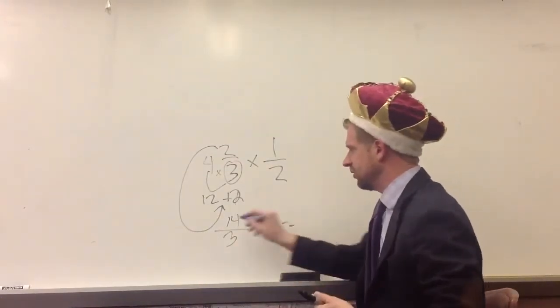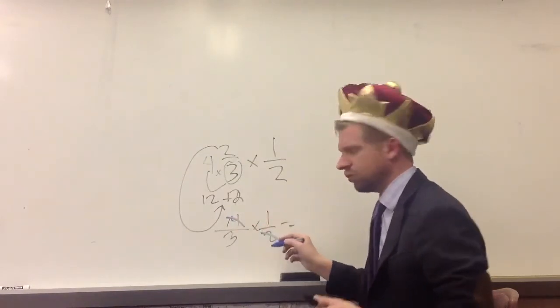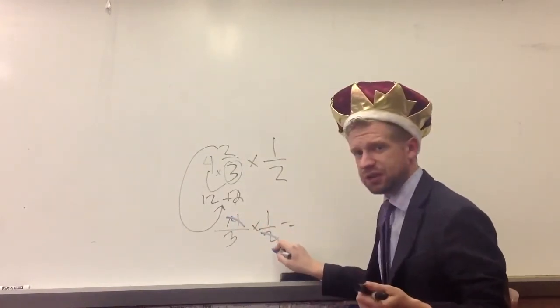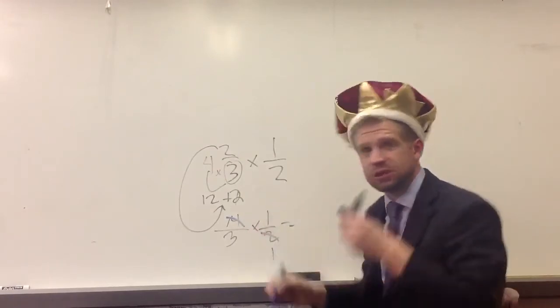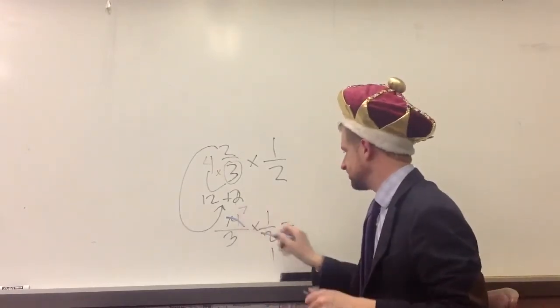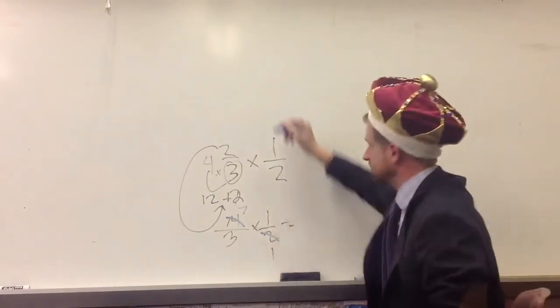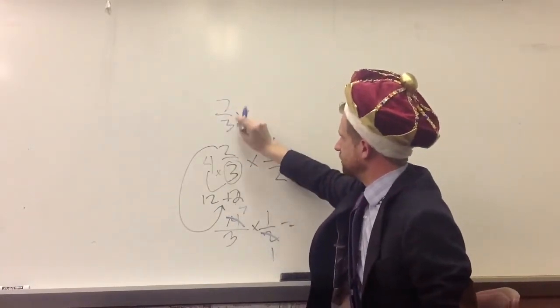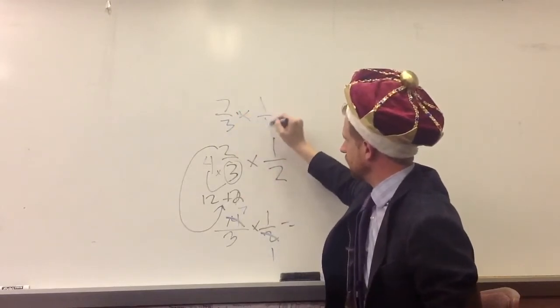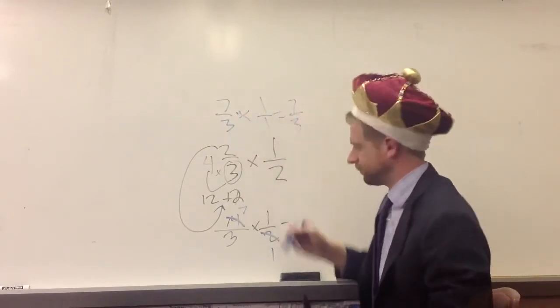Yes, I can. The 14 and the 2. 2 goes into 2 how many times? 1. 2 goes into 14 how many times? 7. So now I rewrite my fraction, which is now 7/3 times 1/1, which gives me 7/3.